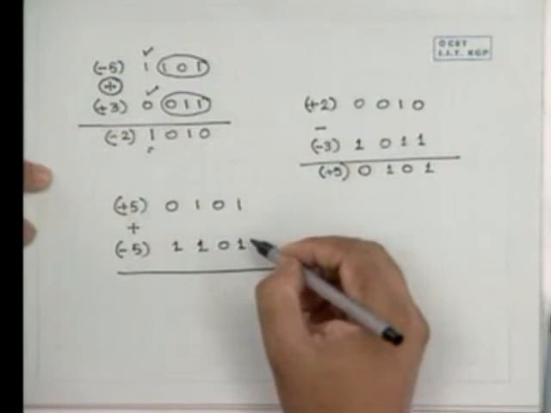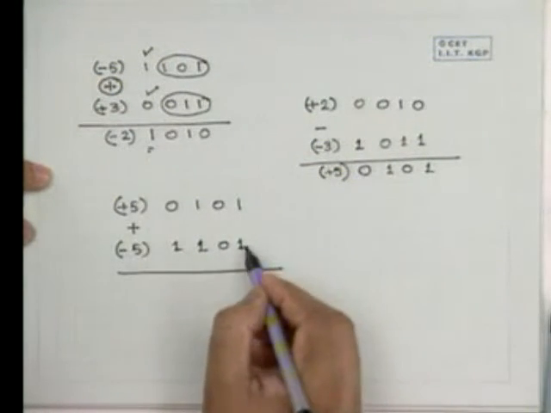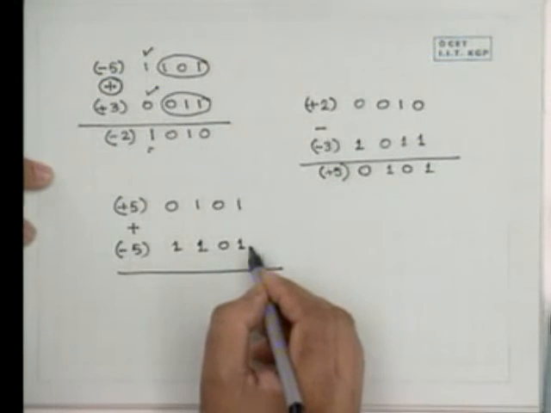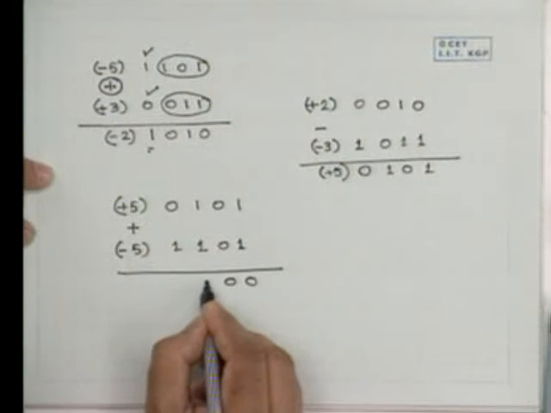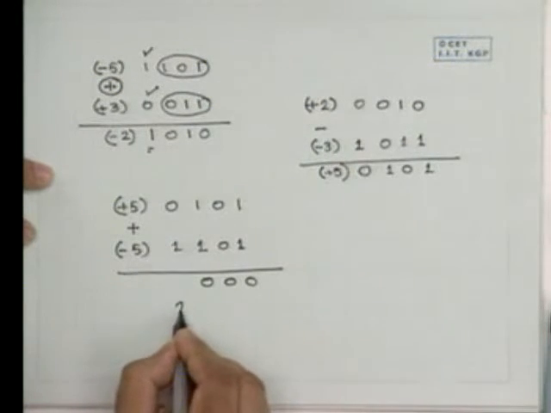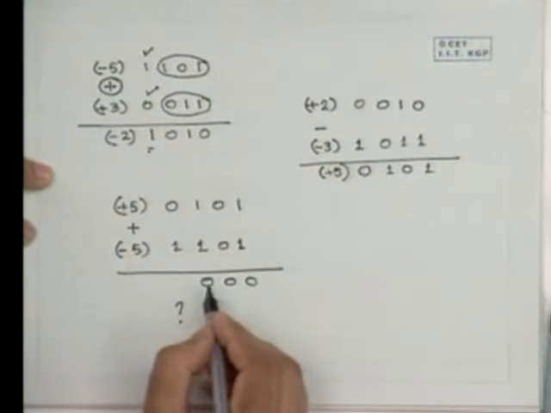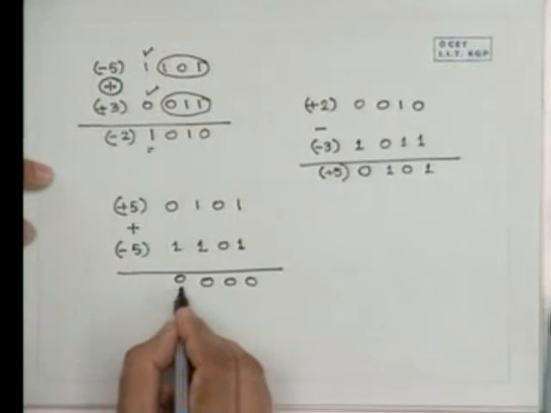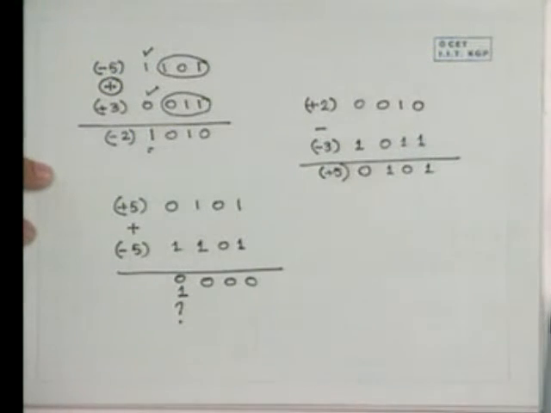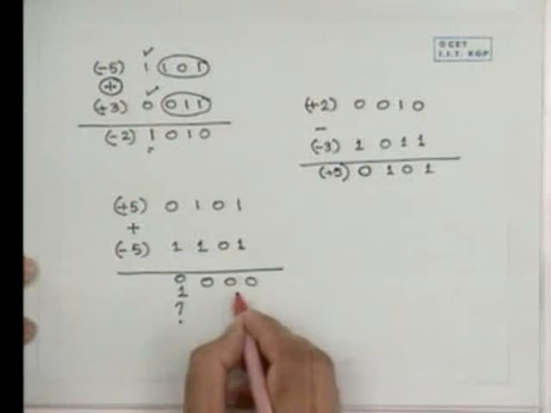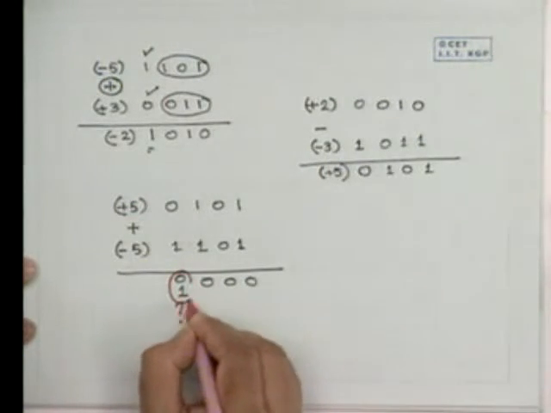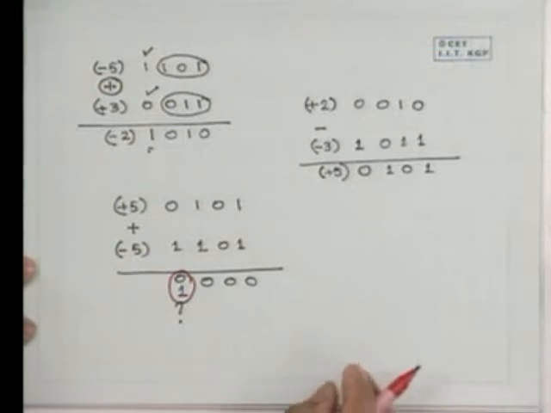We have to subtract the magnitude of operand 2 from operand 1, and the result is 0. The result is 0, okay, but what 0? Is it a positive 0 or a negative 0? So you see that sign magnitude has this problem, that there is not a unique 0, there can be a positive 0 and a negative 0.